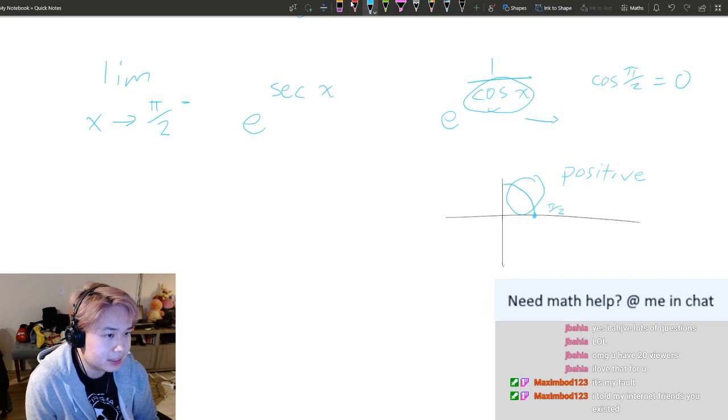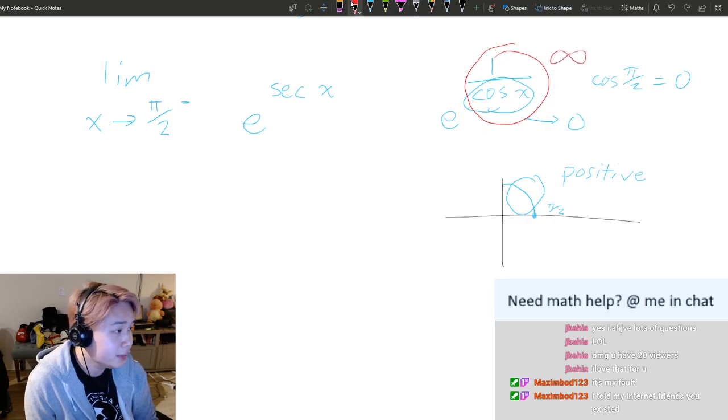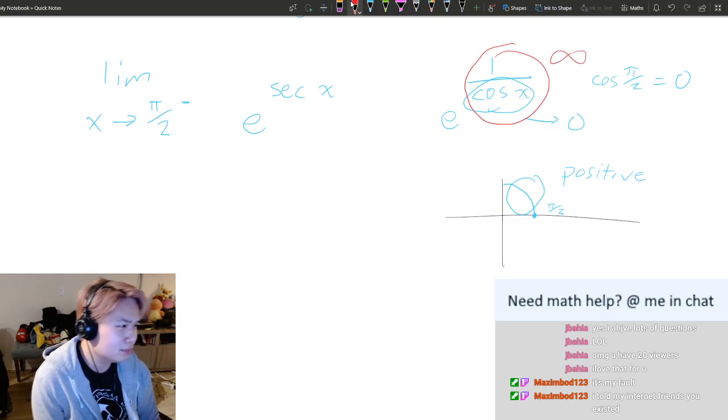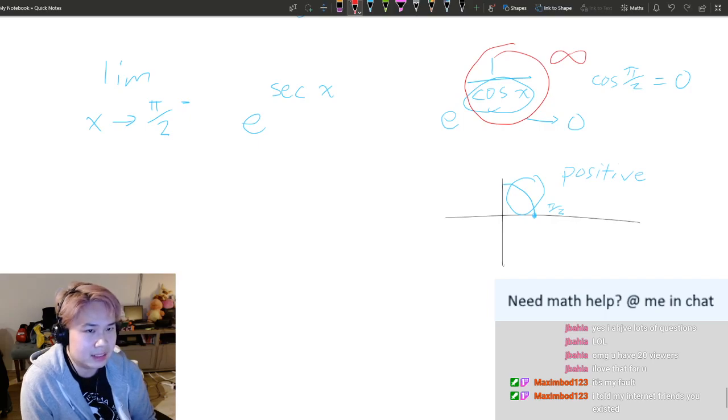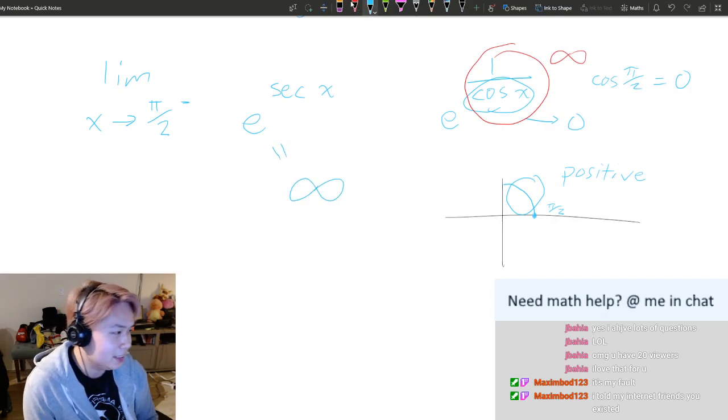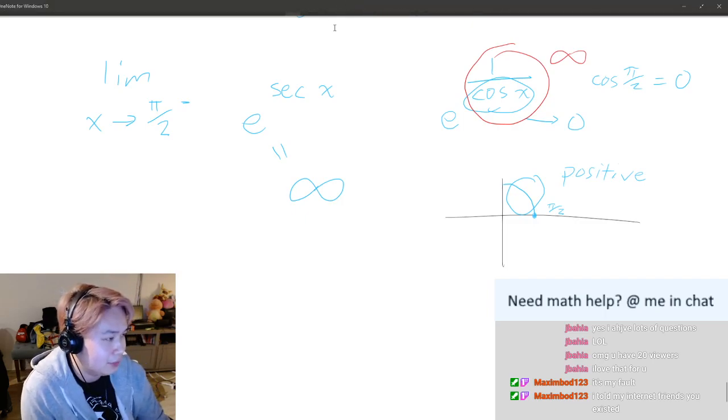If this is approaching 0, then the entire denominator is approaching infinity. So then is this just not going to become infinity then? E to the power infinity is just even more infinity.